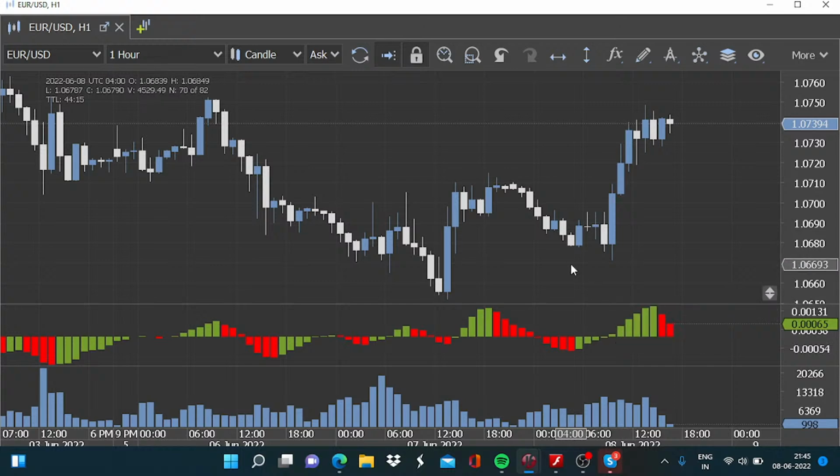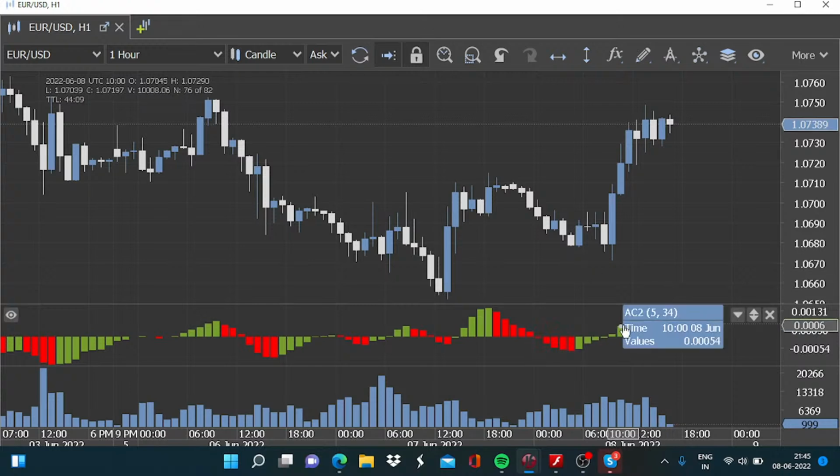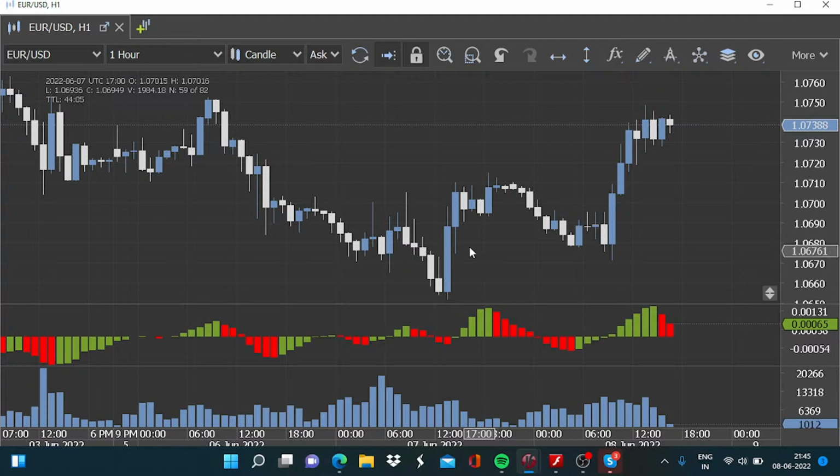To avoid that, we are getting confirmations from two separate indicators, and if the combination is telling us that this is the moment to go for a new trade, then we are likely to have a higher probability of ending that trade on a profitable note.